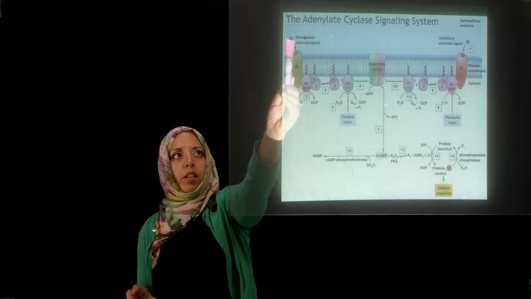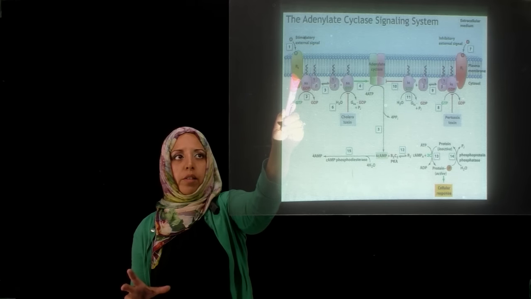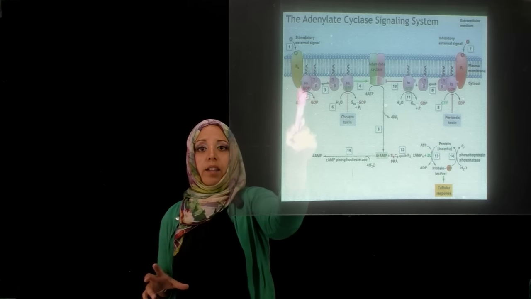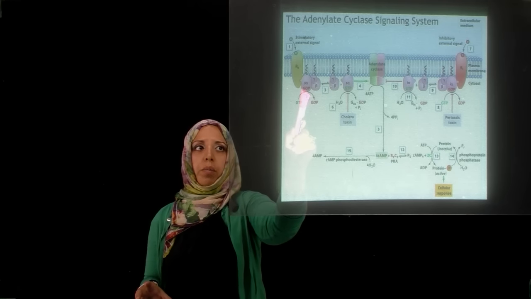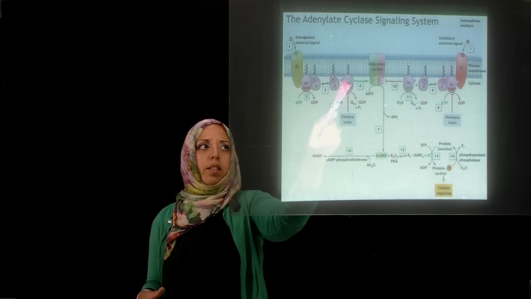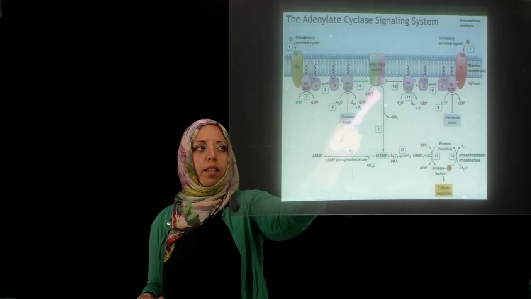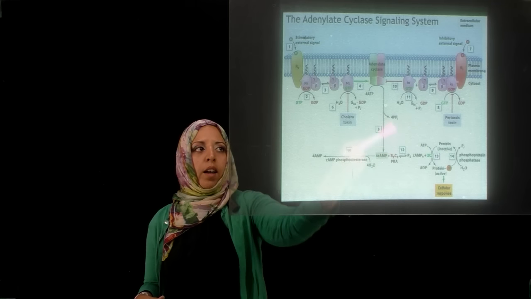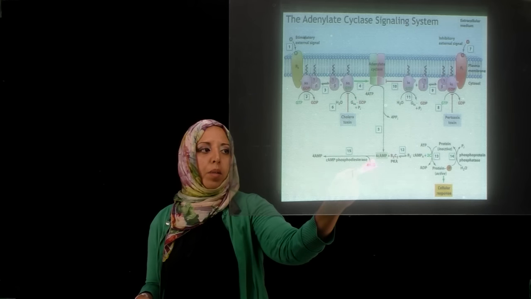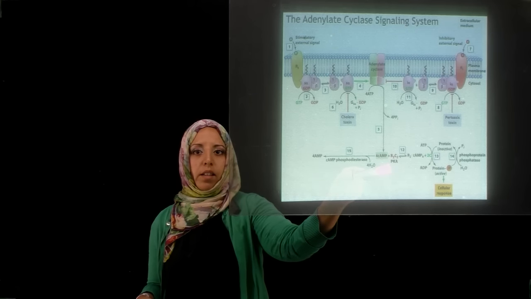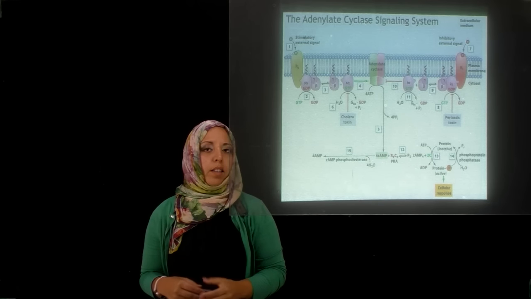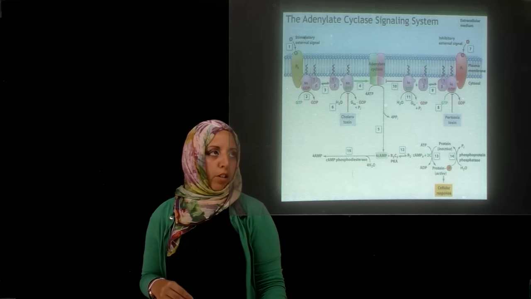Okay, so a signaling molecule binds to the receptor and it undergoes conformational changes. It triggers the activation of the heterotrimeric G protein, where now its alpha subunit will dissociate, bind to adenylate cyclase, and activate it, causing the synthesis of cyclic AMP from its bound ATP molecules, which can bind to protein kinase A, thereby activating a number of different cellular proteins.